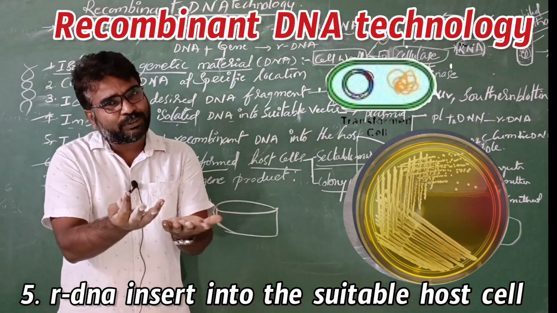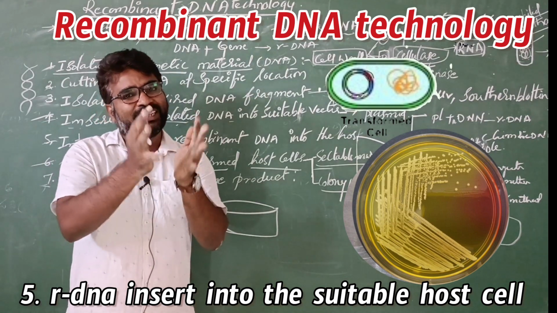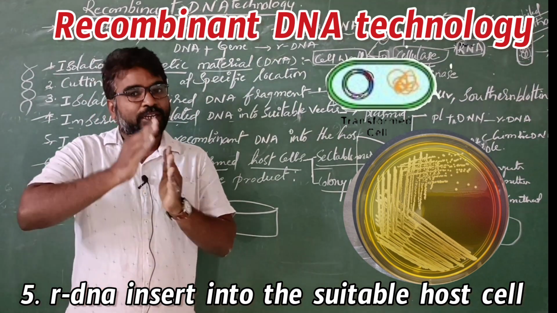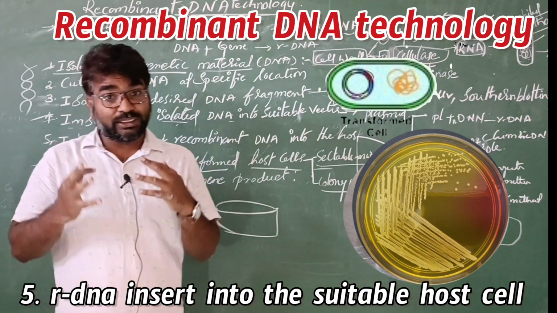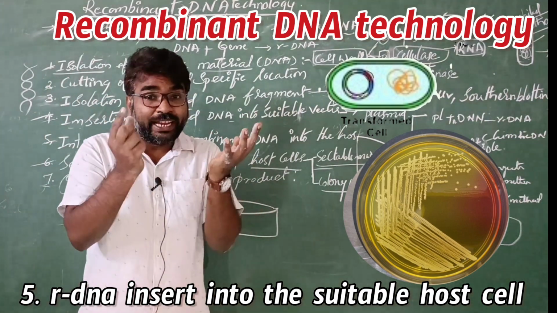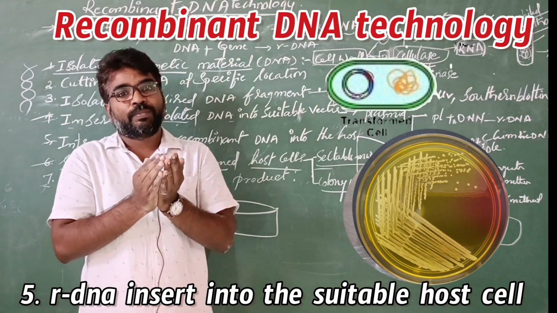They do not have the plasmid, so they do not have the ampicillin resistant site or the tetracycline resistant site. Only the cells which are transformed can grow in that selection media.